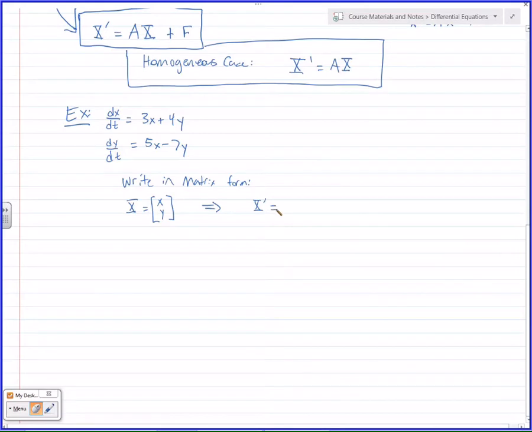X prime is [3, 4; 5, negative 7] times X. Easy.